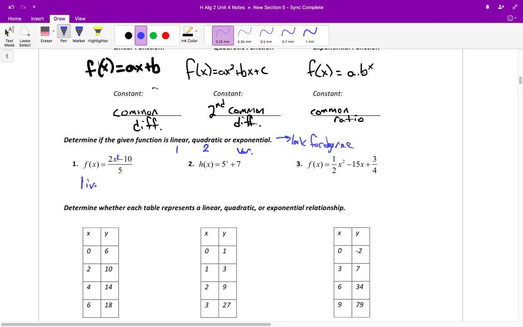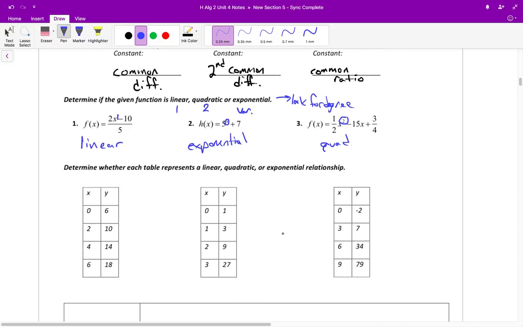So this would be an example of, and it doesn't look like it normally would, a linear function. Now for the second one here, you notice that the variable is an exponent. That's going to be what makes this one exponential. Now for the third one here, you look for your degree. Here it's a 2, so this last one would be quadratic.